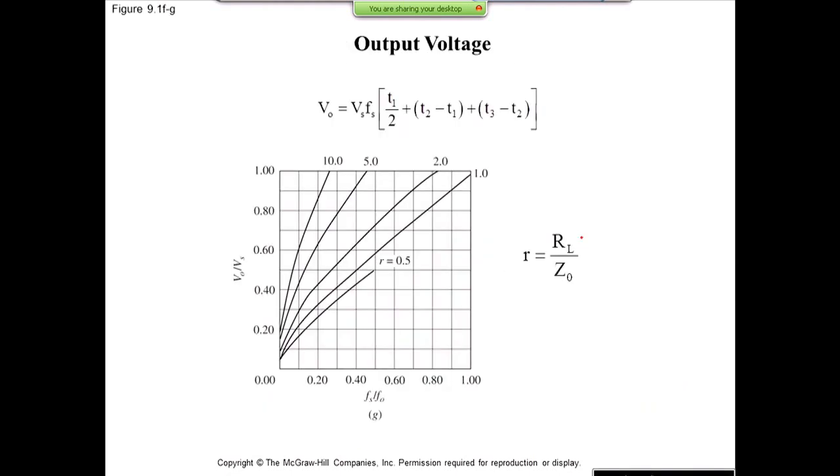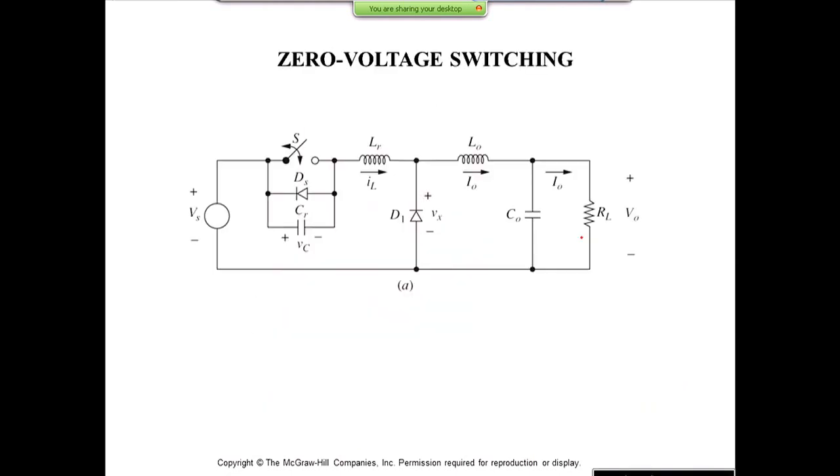The second topology that we analyzed was, this time we added the resonating cap in parallel with the switch and the resonating inductor in series with the switch. We didn't really do anything for the diode. As it turns out, this one provides some zero voltage switching for the switch during the operation.